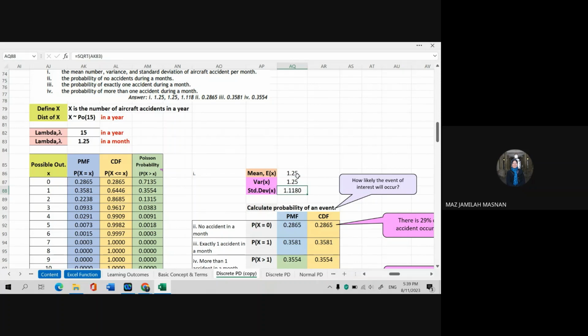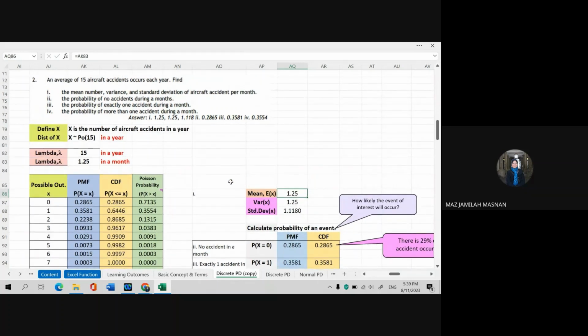So what does 1.25 mean? In terms of the average value or the mean value, you can simply say there is an average of 1.25 aircraft accidents in a month. It means more than one, but not really reaching two, but simply you can say it that way.